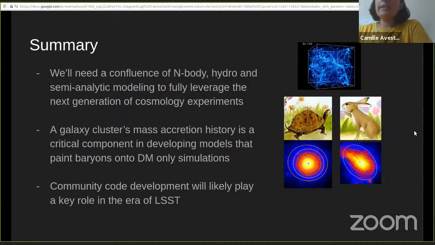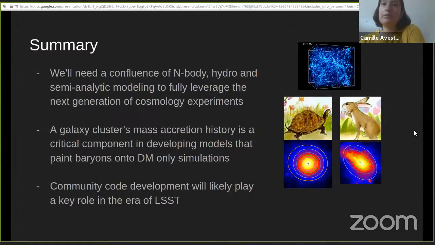So just to summarize, we're going to need a confluence of N-body, hydro, and semi-analytic modeling to fully leverage the next generation of cosmology experiments and to address things from multiple wavelengths. One of the primary examples I highlighted was how galaxy clusters' mass accretion history is a critical component in developing these models, for instance, to paint baryons onto dark matter-only simulations.